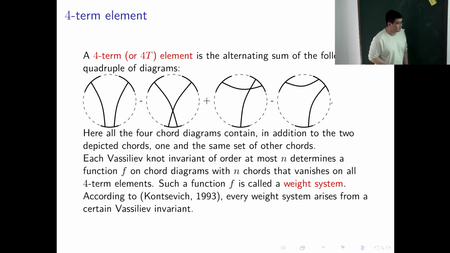According to Polyak and Viro 1993, every weight system arises from a certain Vassiliev invariant, which means that the Vassiliev invariant is equivalent to the weight system on chord diagrams. So it's determined if and only if.